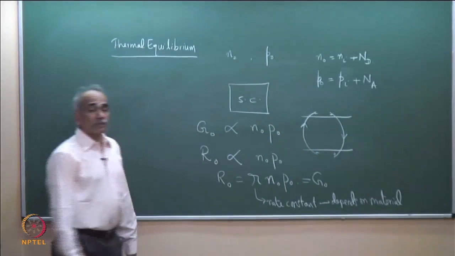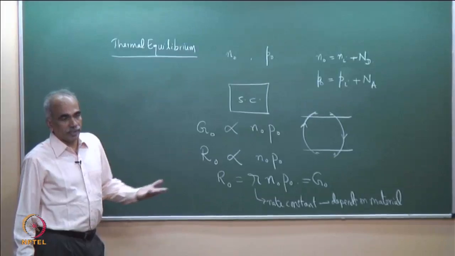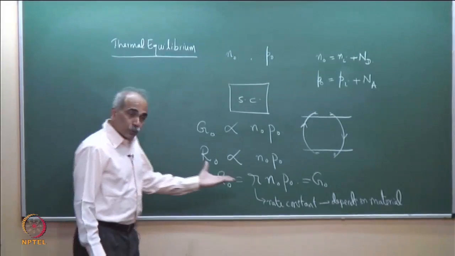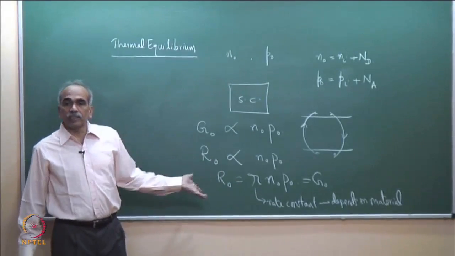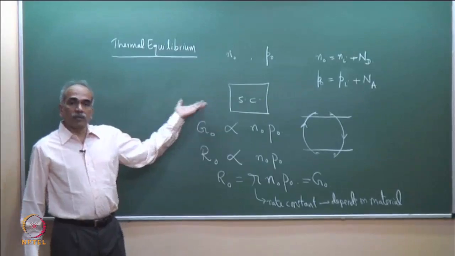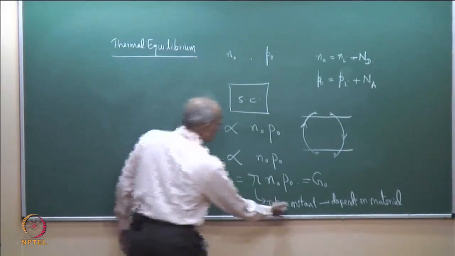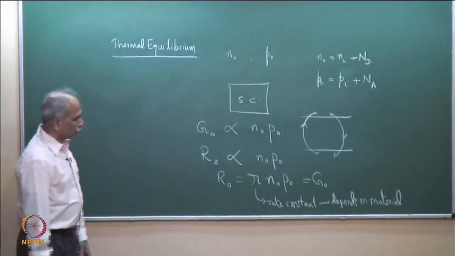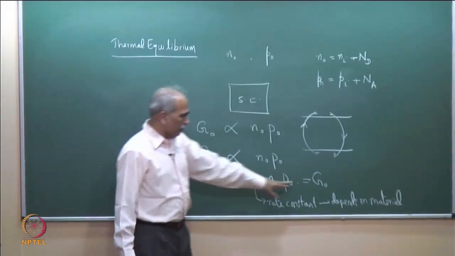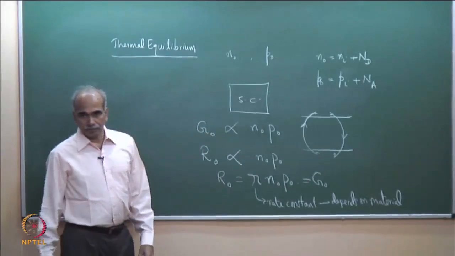It will depend on whether it is a direct band gap or indirect band gap material. It will also depend on the defect density, traps and defects in the material. So R0, the rate of generation, is equal to the rate of recombination.